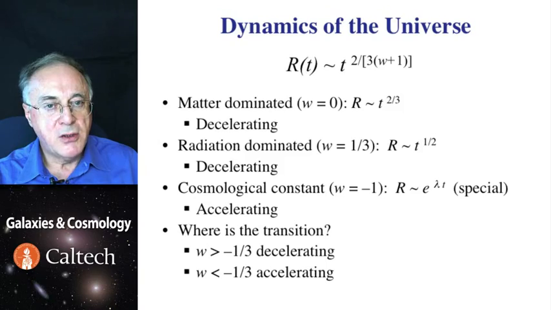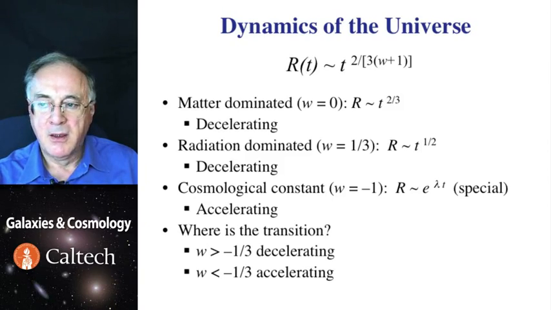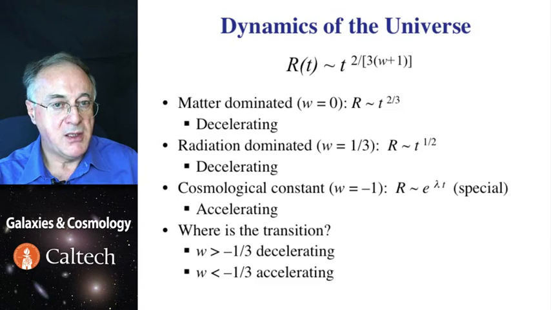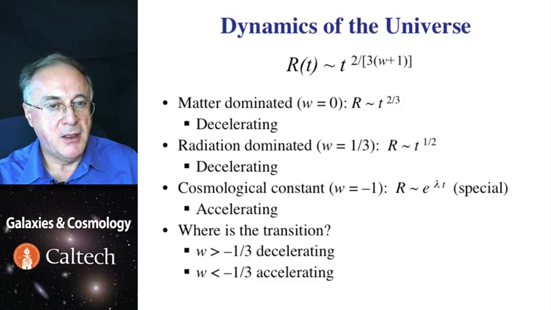In the case of a radiation-dominated universe, the expansion will be according to time to the 1/2 power. And the universe will be decelerating. Again, since matter and energy are equivalent, energy in the form of radiation exerts gravitational pull, so it slows down the expansion.